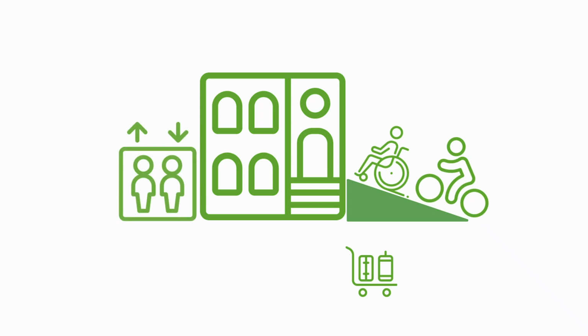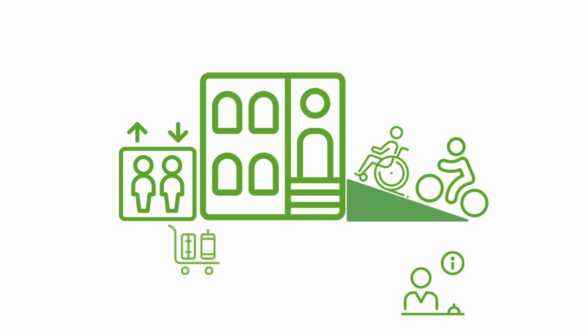So we can add an elevator, and maybe he's lost, so we can also make an information desk that helps him to find this elevator. So really, there isn't just one kind of disability, and there isn't just one kind of solution, but there are many types of disabilities and many types of solution.